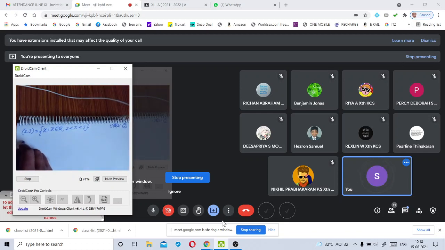Next, this is called semi-open or semi-closed interval.